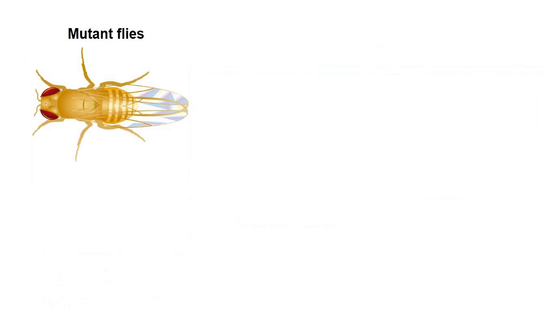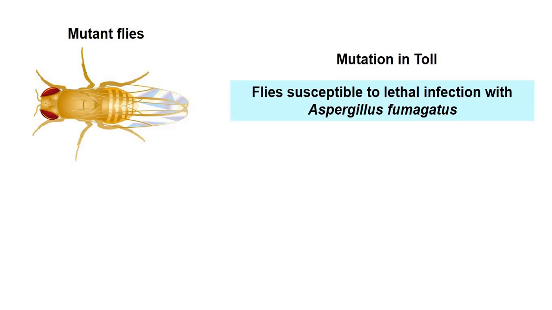So, what are the experiments? The group experimented with mutant flies; mutant Drosophila was their experimental model. What they observed was that when there was a mutation in Toll in Drosophila, the common fruit fly, all those flies were susceptible to lethal infection with a fungus, Aspergillus fumigatus.